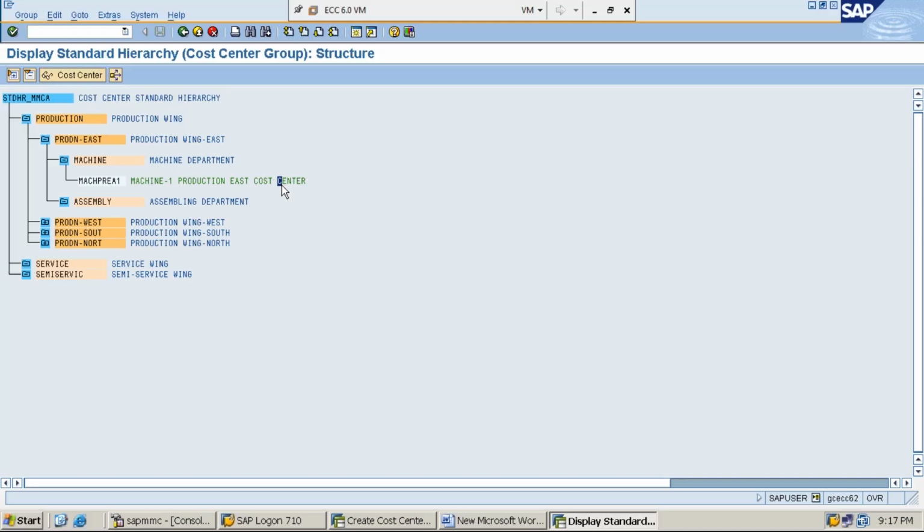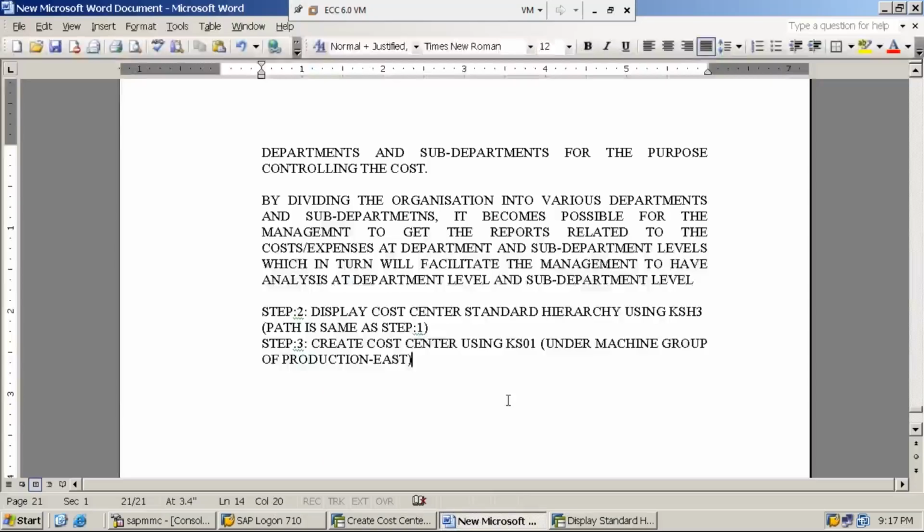Okay, now let us have the theoretical points. What is a cost center?